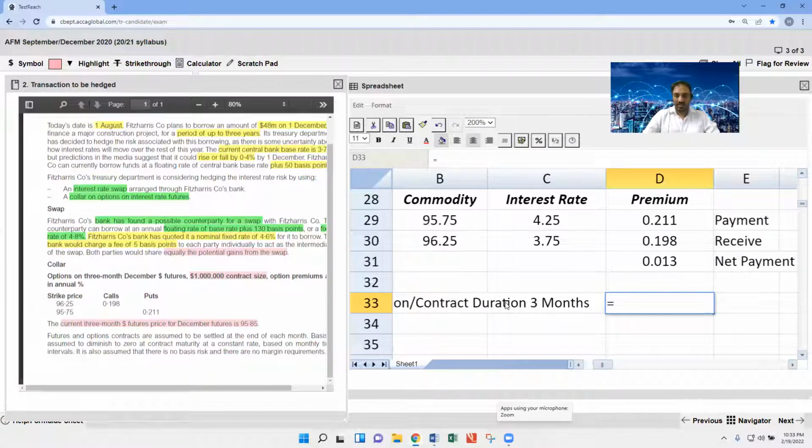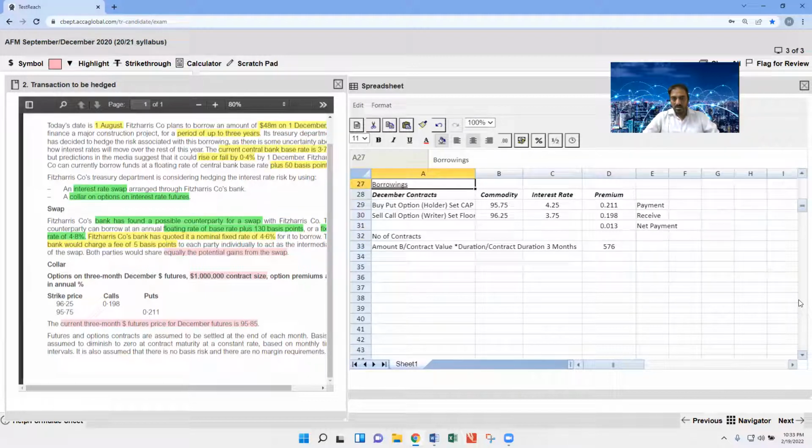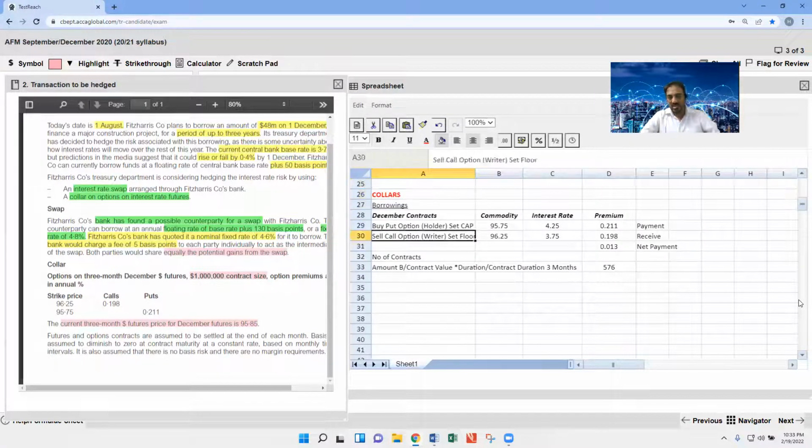It is equal to 48 million divided by 1 million, multiplied by the duration 36 divided by 3. 576 contracts.